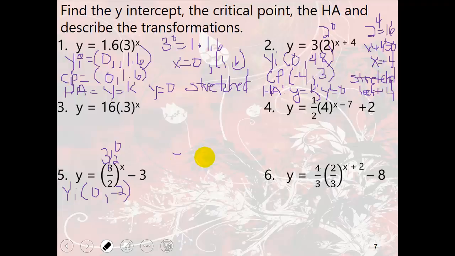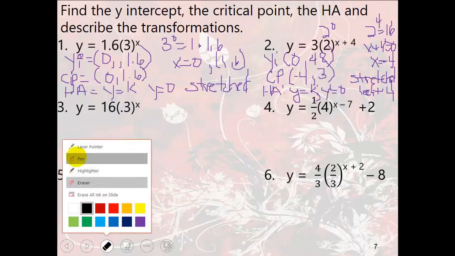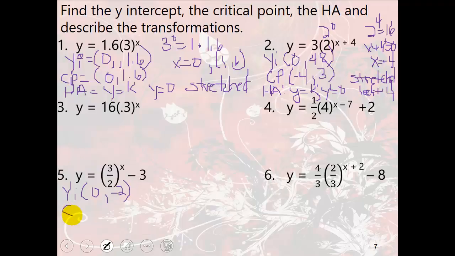All right, my critical point, I have to set x equal to 0. I get 0, and then I plug it in. So I get 3 halves to the 0 minus 3. Anything raised to the 0 power is 1. 1 minus 3 is negative 2. So notice that my critical point and my y-intercept are exactly the same because my expression in my exponent is just x.